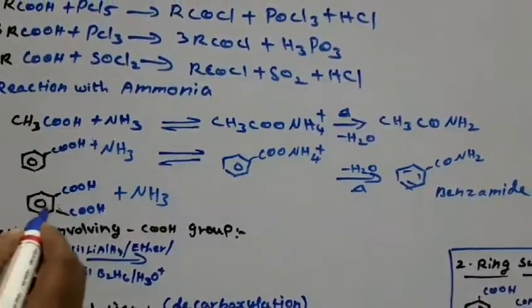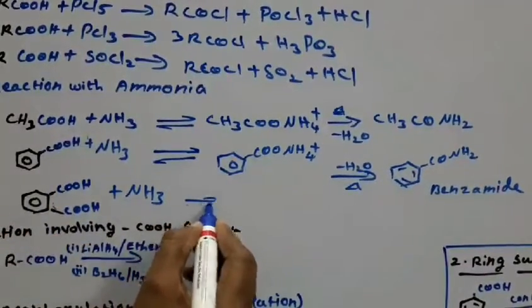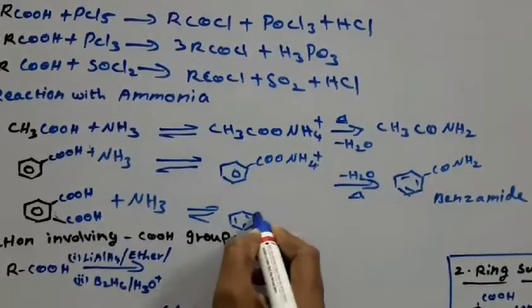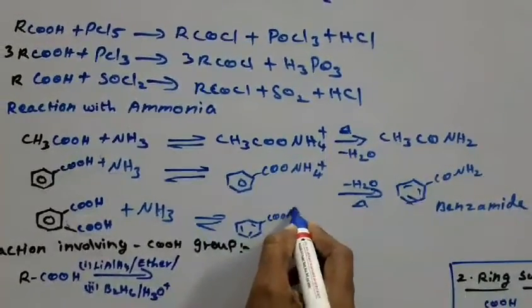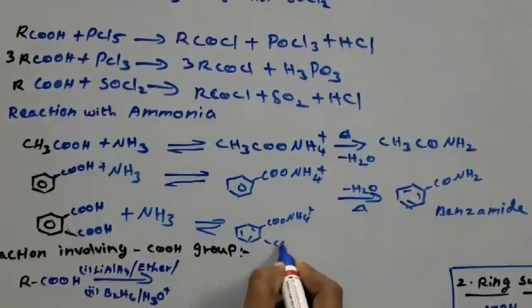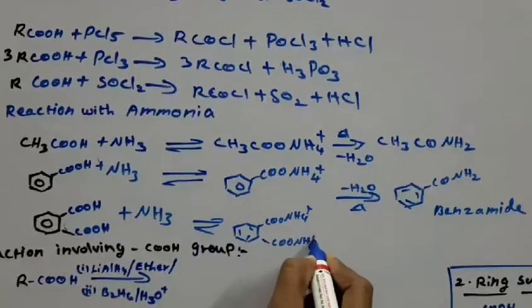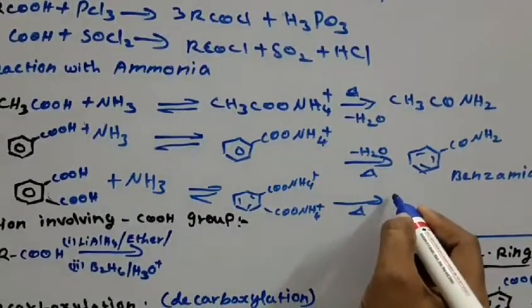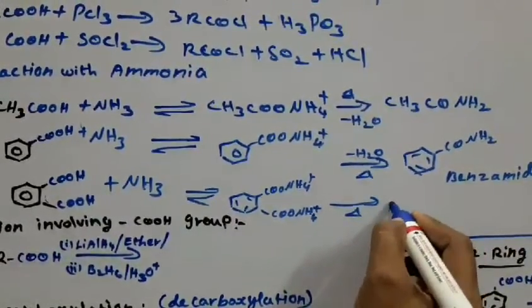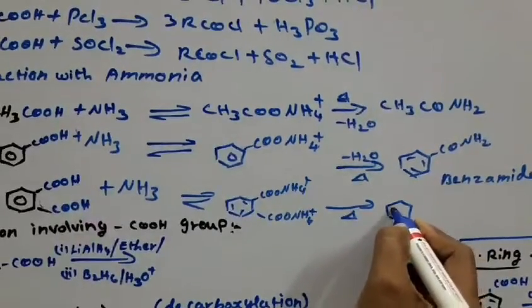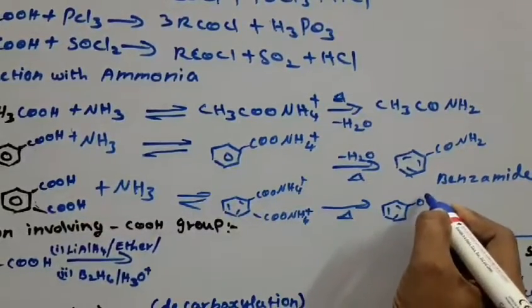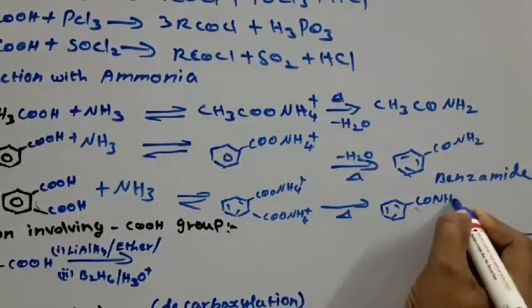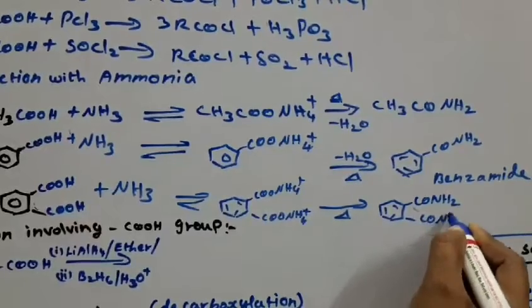Okay, the next one, the acid reacts with water to produce COO-NH4+. So this reacts to produce phthalimide. How do you write CONH2? Same thing, CONH2.